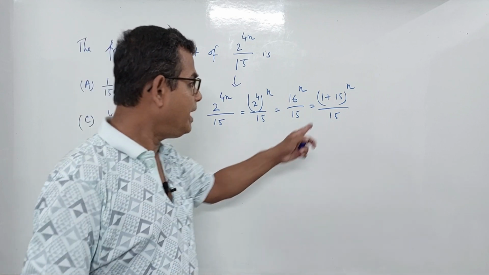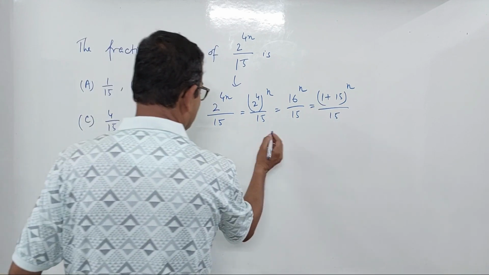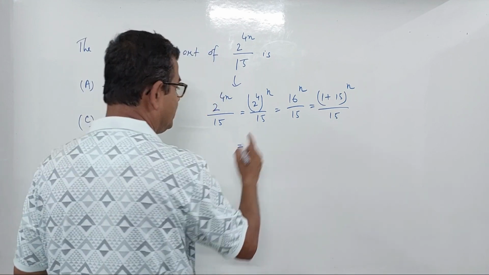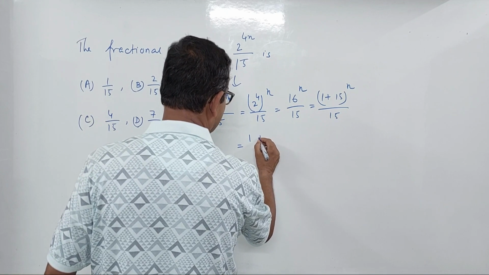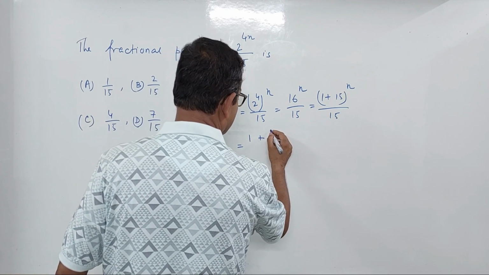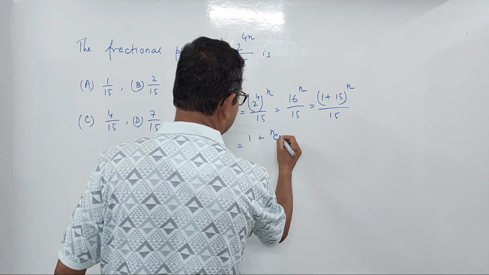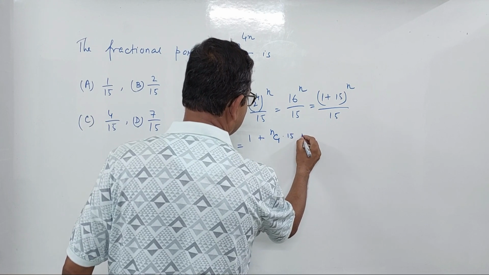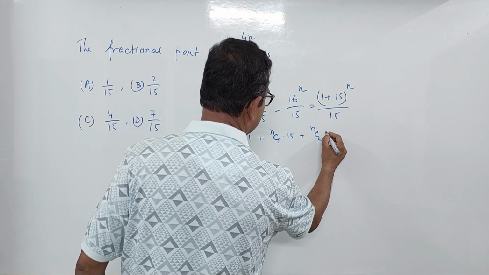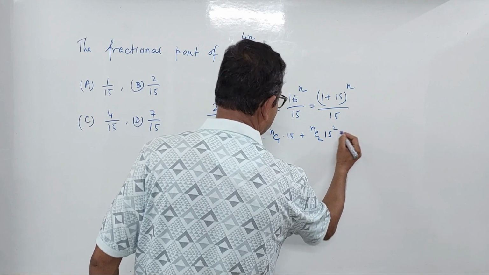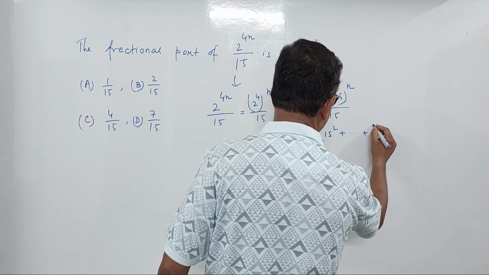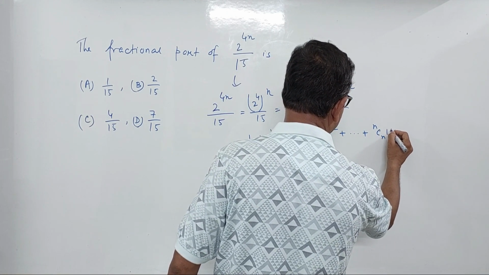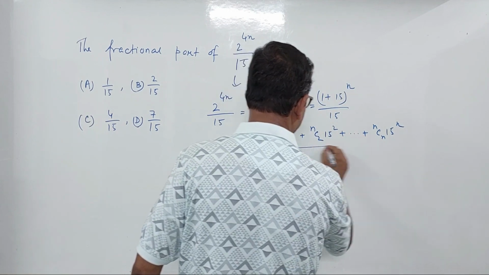Now expanding this with the binomial theorem, 1 plus nC1 into 15 plus nC2 into 15 square plus ... plus nCn into 15 to the power n upon 15.